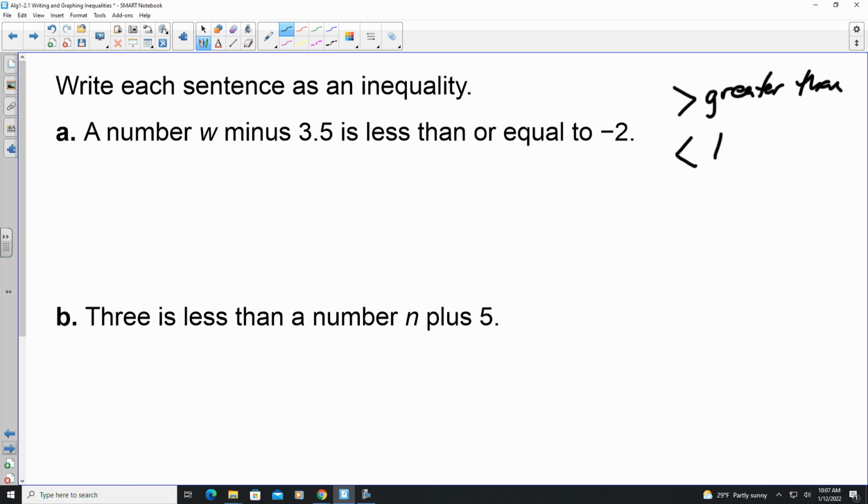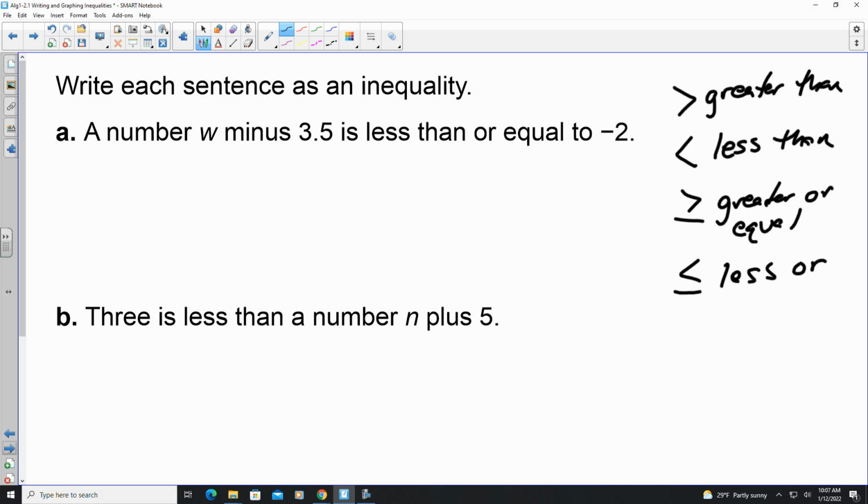Here we have less than. This symbol here is greater than or equal to. And over here, the final one is less than or equal to.